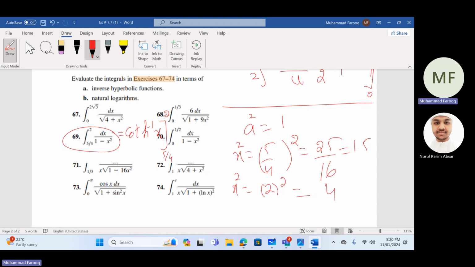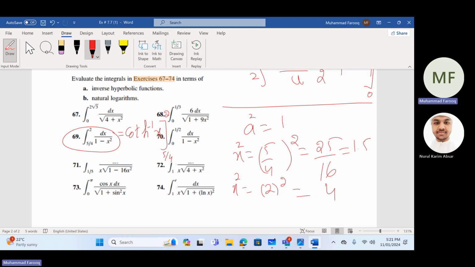If A is less, then cotangent. One is less than 1.5 and one is less than 4, so of course it's cotangent. Both of them have to be greater than one, but only one is enough.